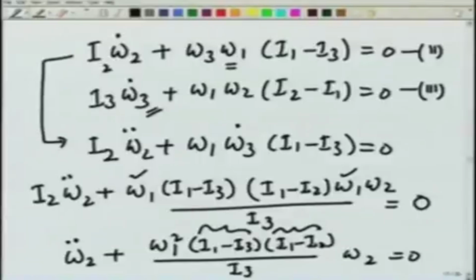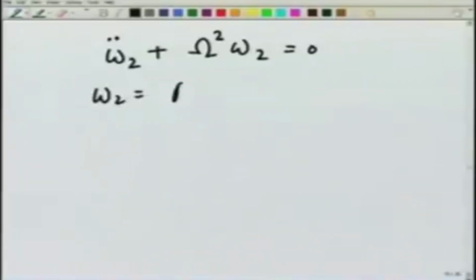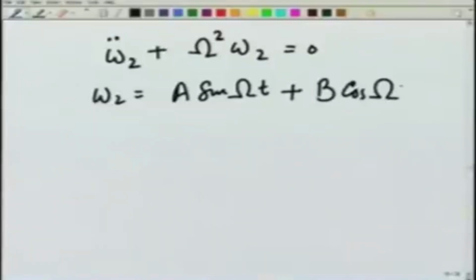Two negative quantities multiplied would give me a positive number, and therefore, I should also write I2 here because I have divided by I2, and therefore, I get the equation for omega 2 as omega 2 double dot plus some positive number, let us call it omega square, times omega 2 is equal to 0. And the solution for this I know is omega 2 equals some constant A sine omega t plus B cosine of omega t.